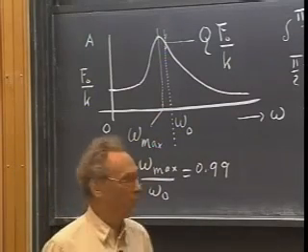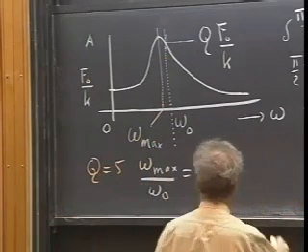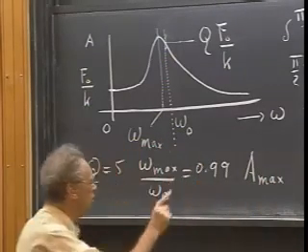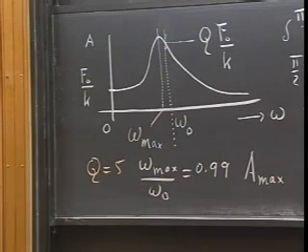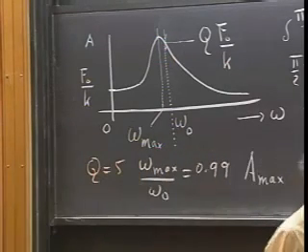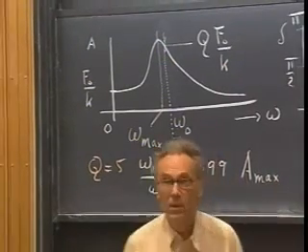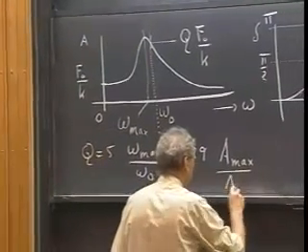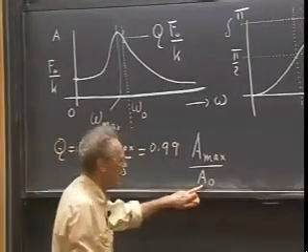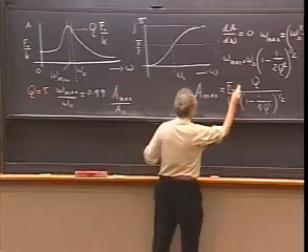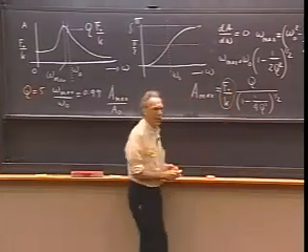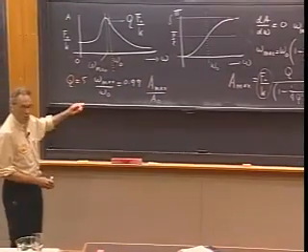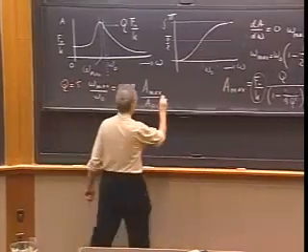And then, if you want to know now what A max is, you would think that A max is very close to Q times F0 over K, but it is not Q times, it is a little larger. So A max divided by A0, where A0 is meant to be the amplitude when omega equals 0, that is a shorthand notation, this number is not Q, a little higher, it's now 5.03.